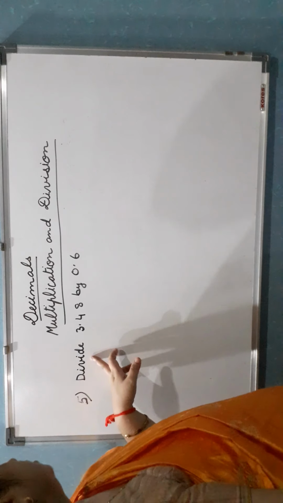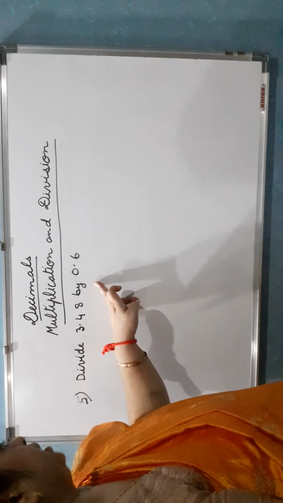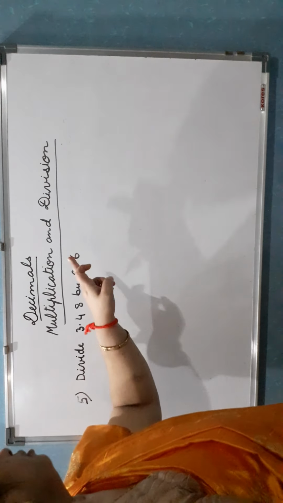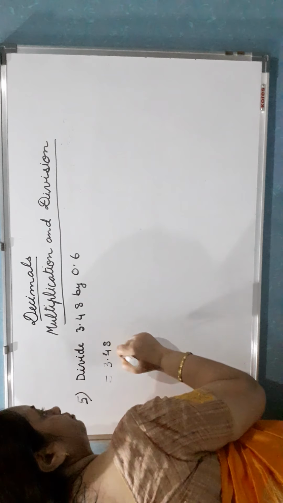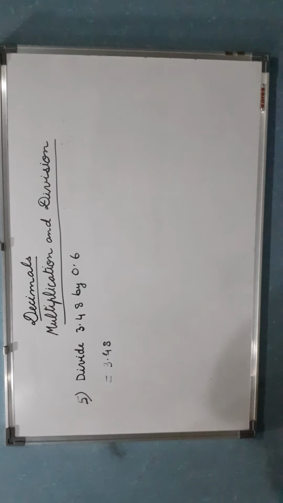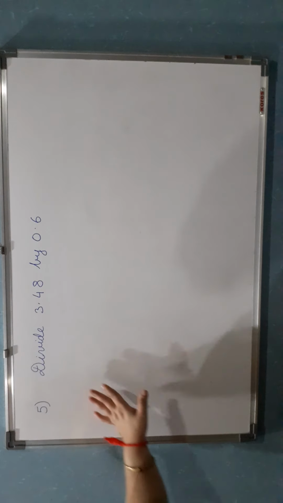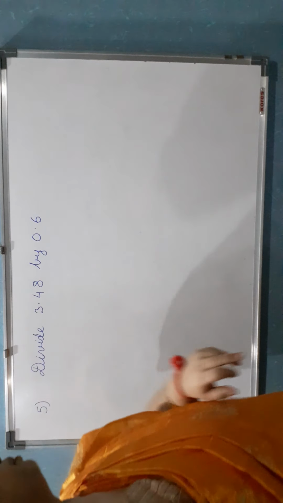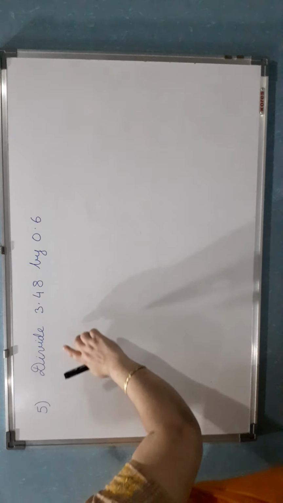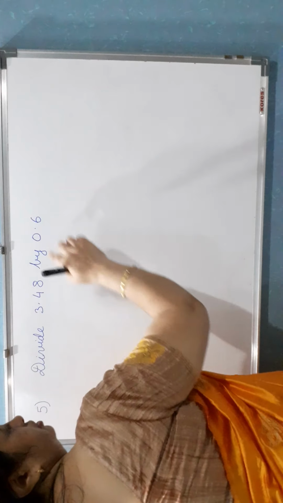Now look here, divide 3.48 by 0.6. So what do you have to do? Wait 1 minute. Now let us do this last term. Divide 3.48 by 0.6. You have to cancel these two decimal points.